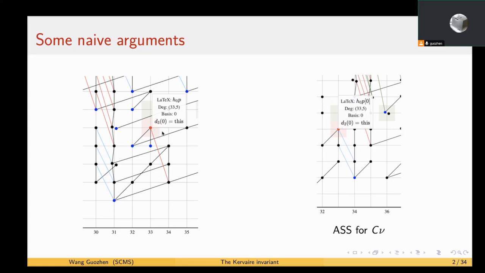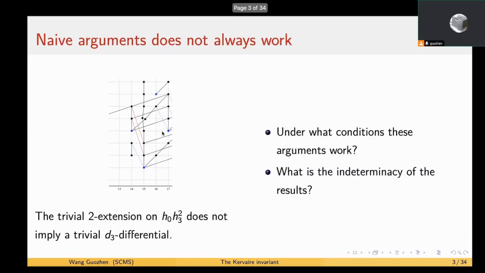But the naive argument does not always work. This is a familiar part around the 14th stem, where the first Adams differentials show up. We have this d2 differential from h4 to h0 h3 squared. Now we can argue like this.